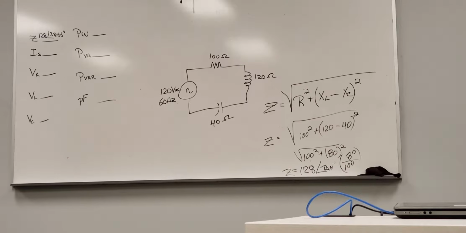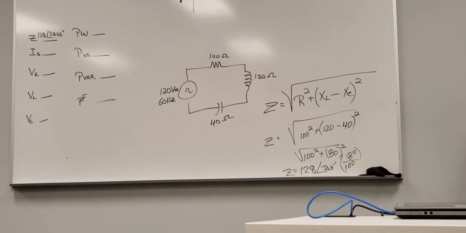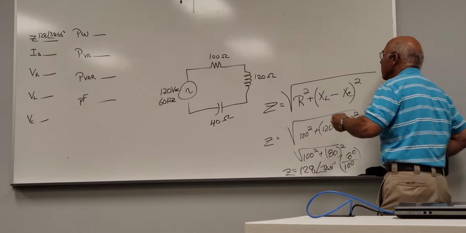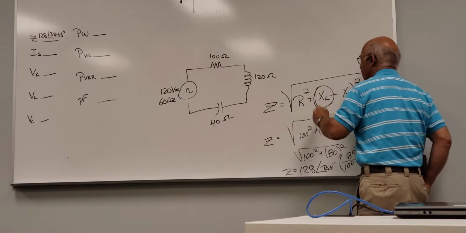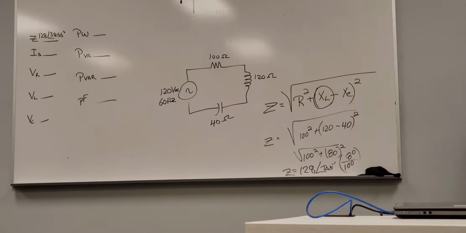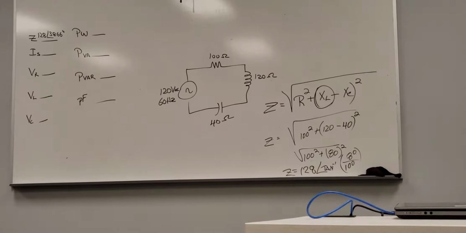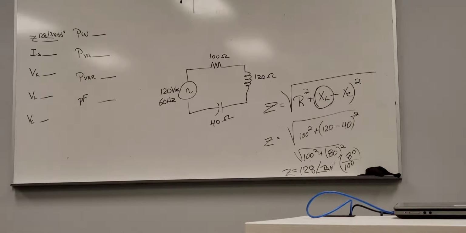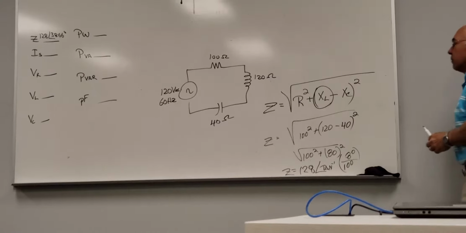Impedance angle and the impedance magnitude. Now, the impedance having a positive angle tells you that most of the angle is due to the inductance and not the capacitance, because we got more inductive reactance than we have capacitive reactance.